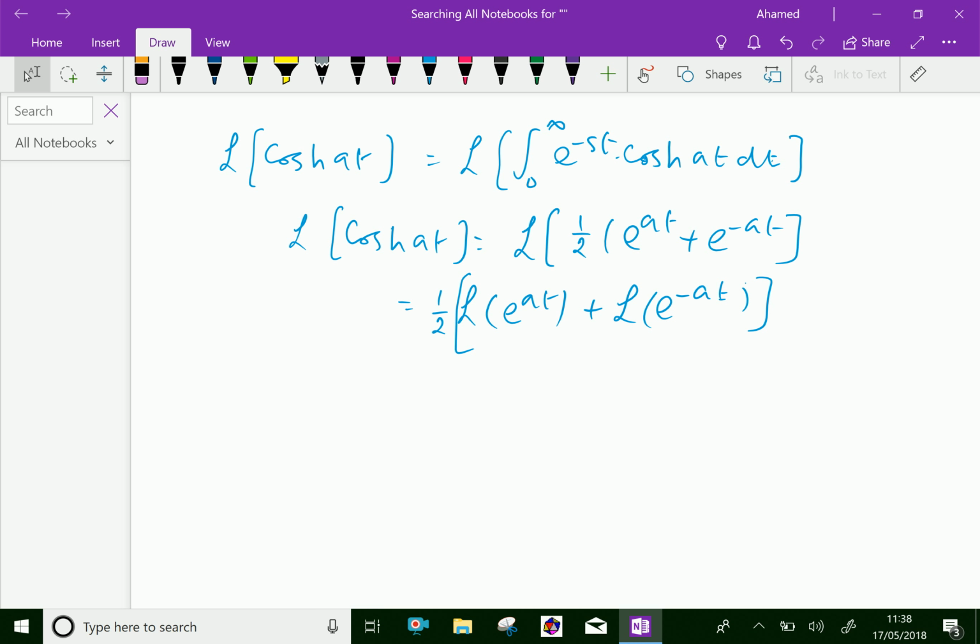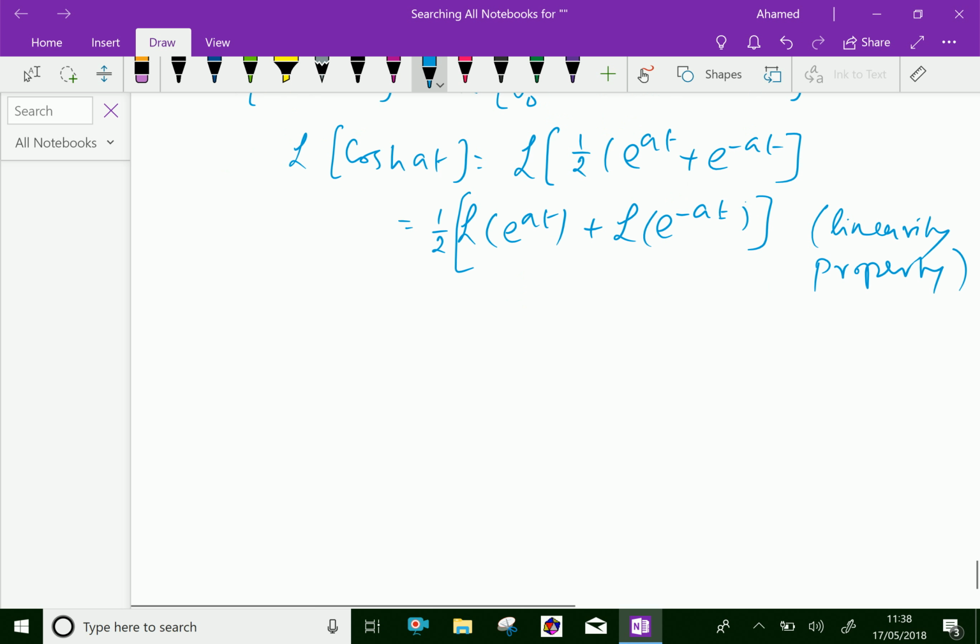Now we know that the Laplace transform of e power at equals 1 over s minus a, plus the Laplace transform of e power minus at equals 1 over s plus a, if s is greater than modulus a.